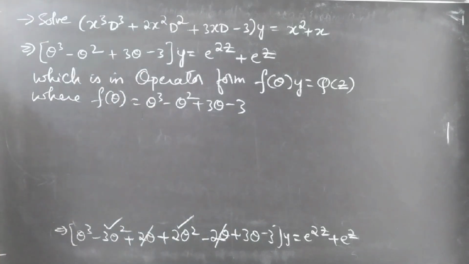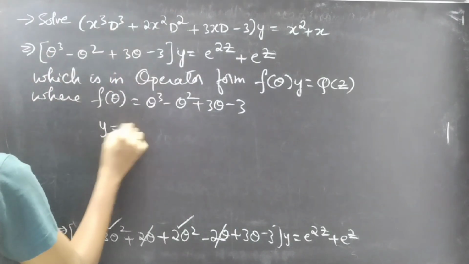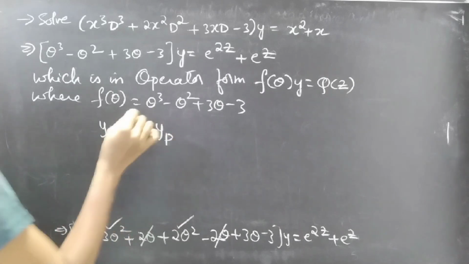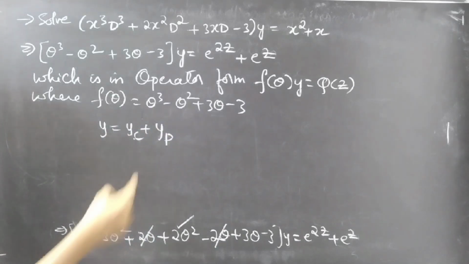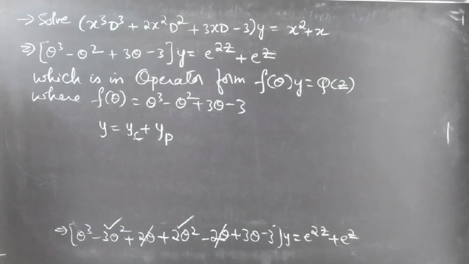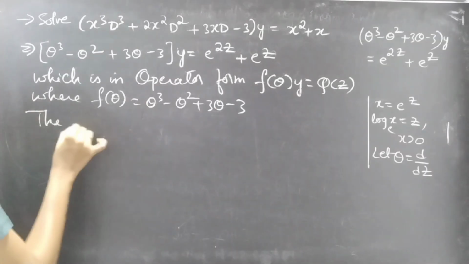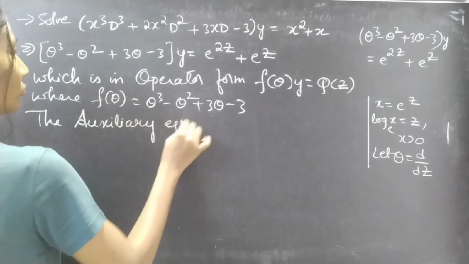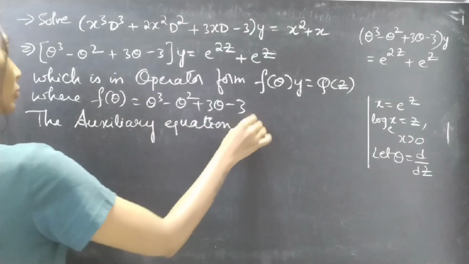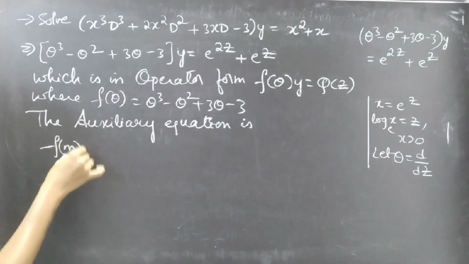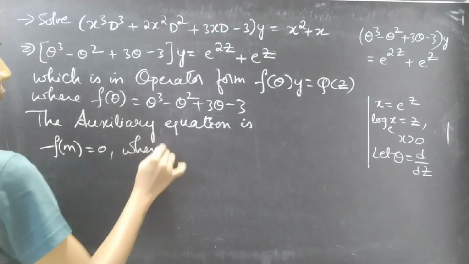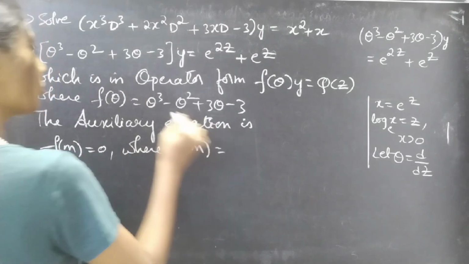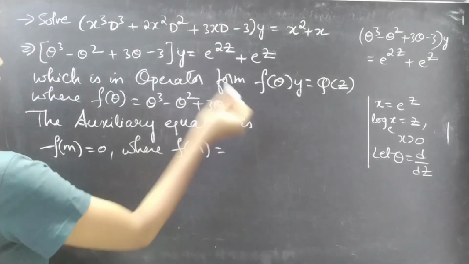Now we need to find the general solution to the given equation, which is given by y equals yc plus yp. We'll find yc using the auxiliary equation, later we'll find yp. So let's begin with the auxiliary equation. The auxiliary equation is f of m equal to 0, where f of theta is theta cube minus theta square plus 3 theta minus 3.